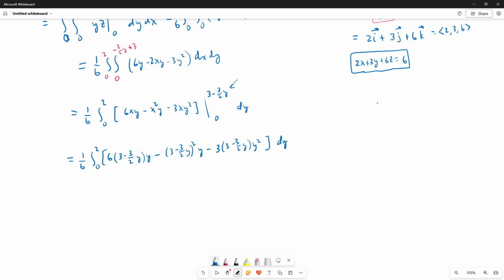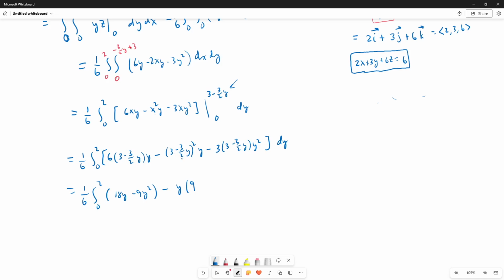This algebra could be done as an aside, but I'll just do it inside of the integral. So distribute a 6y, that makes 18y. And distribute a 6y makes negative 9y squared. And then minus, here we have to square this guy first and then multiply by y. So let's put the y first and square this one. We'll get this one squared, which is 9, minus 2 times the coefficient times the coefficient.